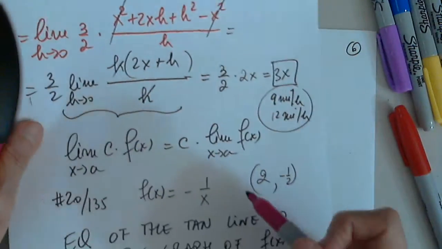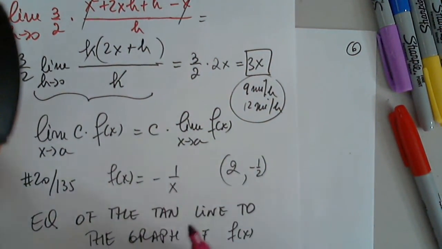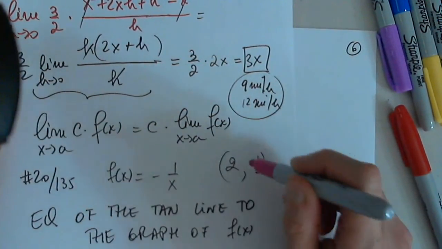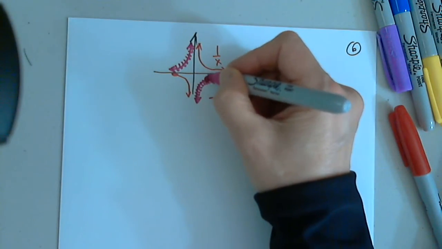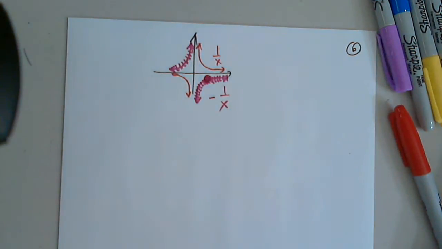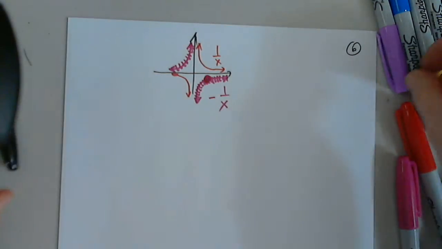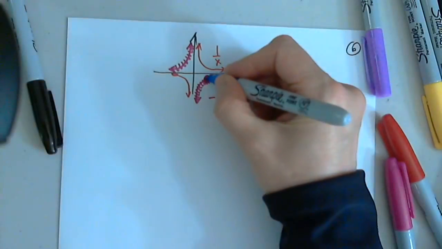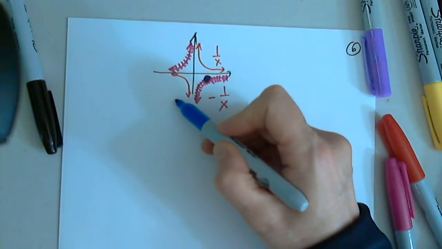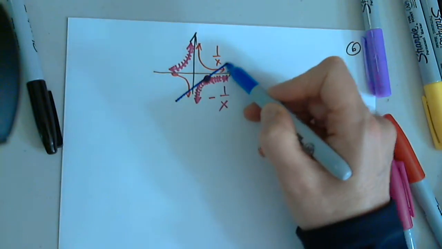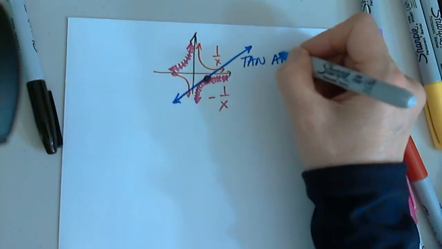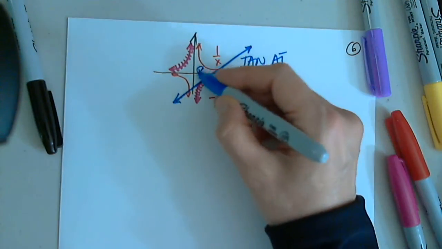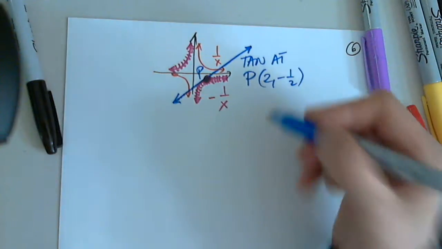So we are asked to find the equation of the tangent line to the graph of this at 2, -1/2. So I'm going to say this is the point. Let me use a different color, maybe blue, right here. So they want us to find the equation of this line. This is the tangent at, I'm going to call point P, 2, -1/2.